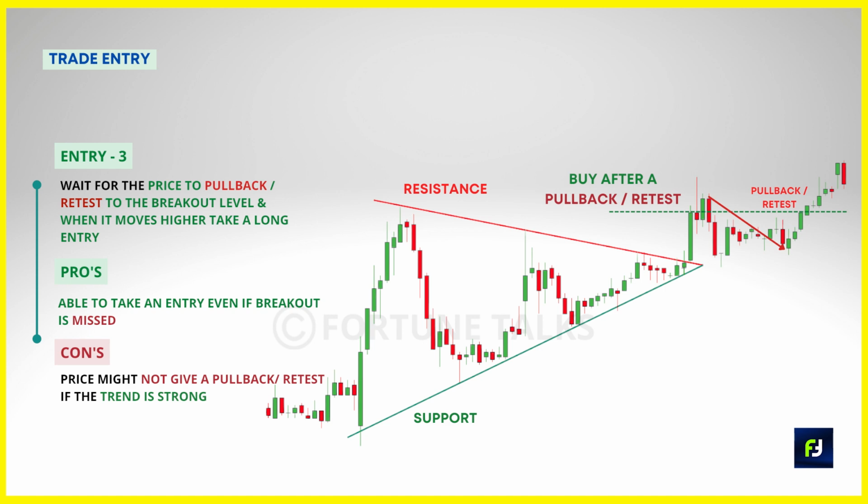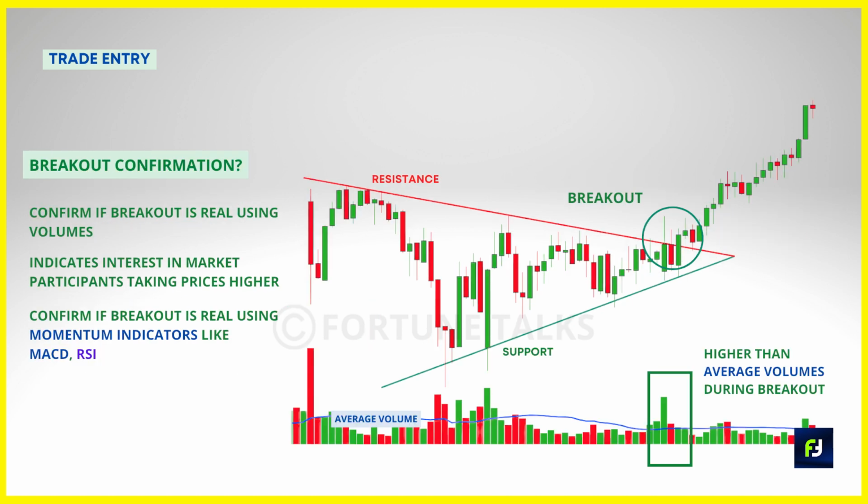But the issue with this approach is that the market may not always give a pullback or retest, especially if there is a strong momentum backing the price move. So I leave it up to you to decide the entry type that you like based on whether you are conservative or aggressive in your approach. Also make sure to validate the breakout with volumes and other indicators to see if there is actually an interest among the market participants to take the prices higher.